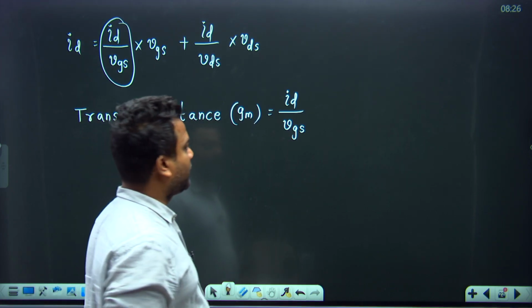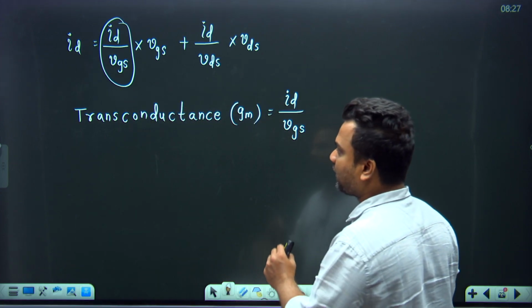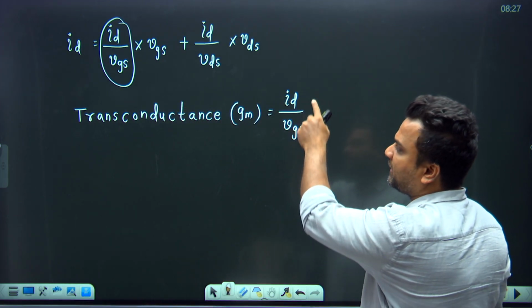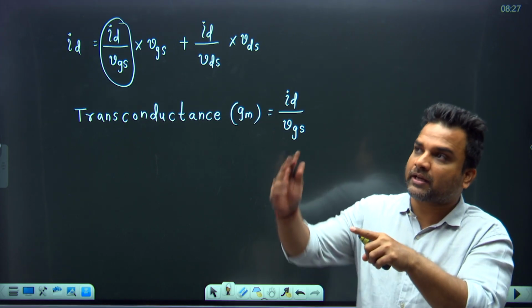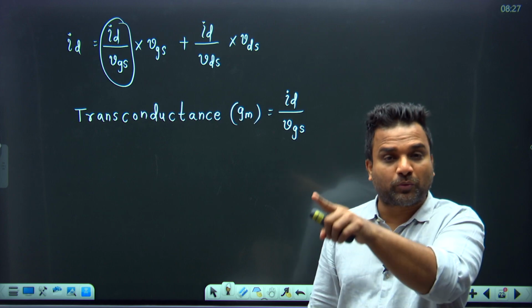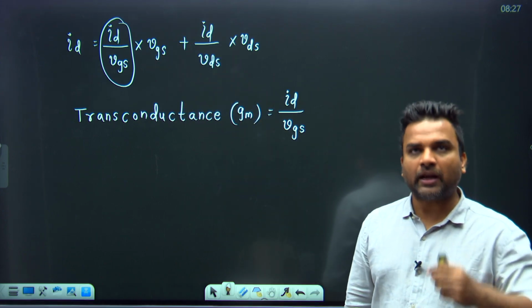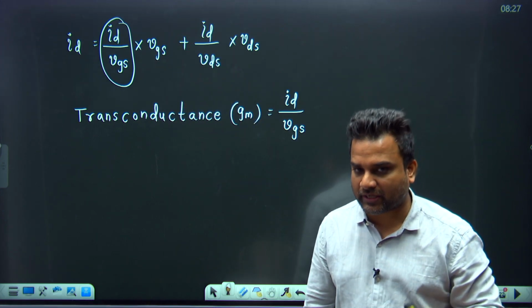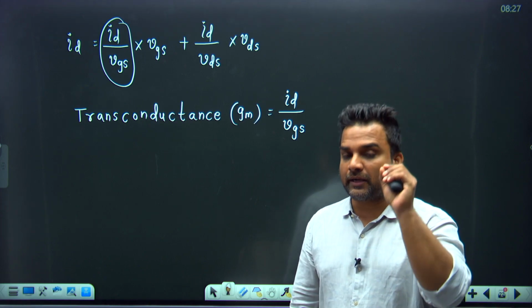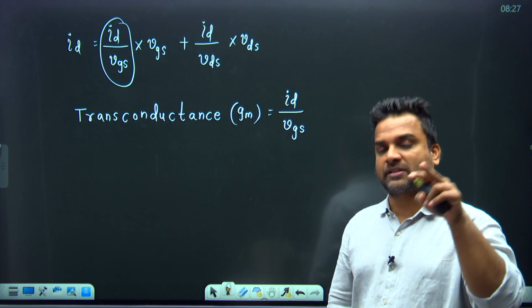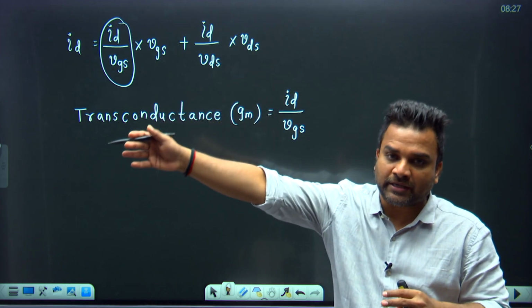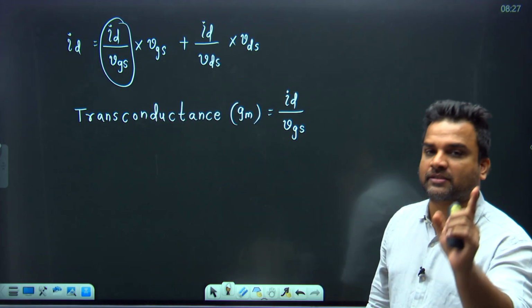Okay, remember. Similarly, here we have one more parameter called ID by VDS. Now it is ID, drain current, output current, and VDS, output voltage, output side. Output current by output voltage is output conductance, or else the inverse of output resistance. Both are at the drain side, so it is the drain resistance.